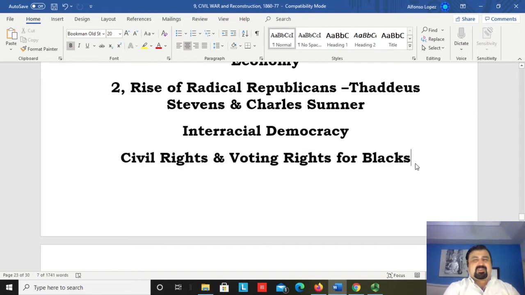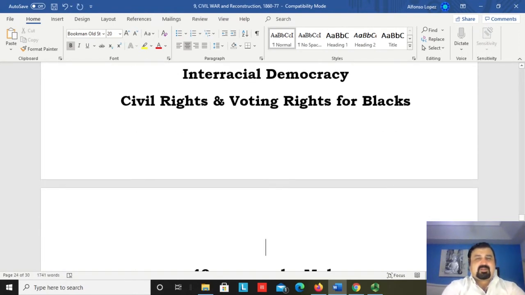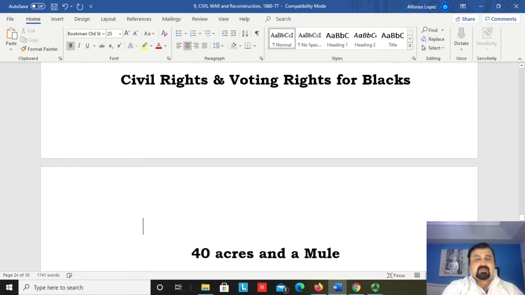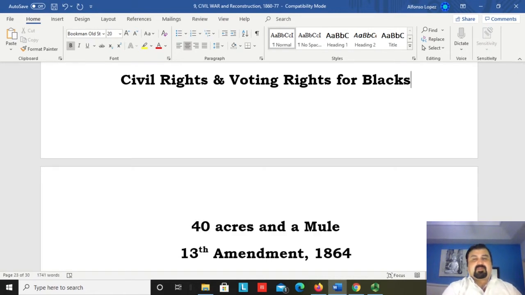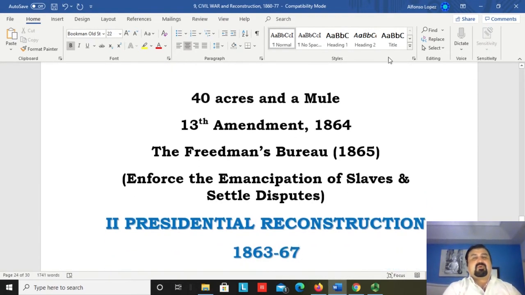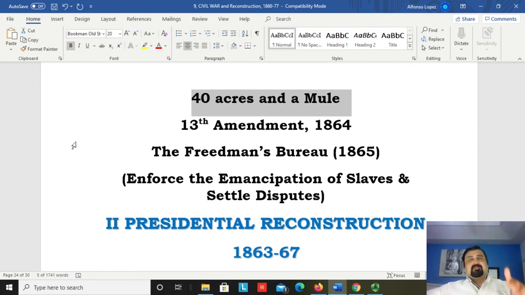So they were even talking about, let me just write it right here. I think it's written. Yeah, sorry, it's written. They were even talking about land reform, land distribution, in which they wanted to break up the largest plantations in the South in order to award every family of the freed population with 40 acres and a mule.